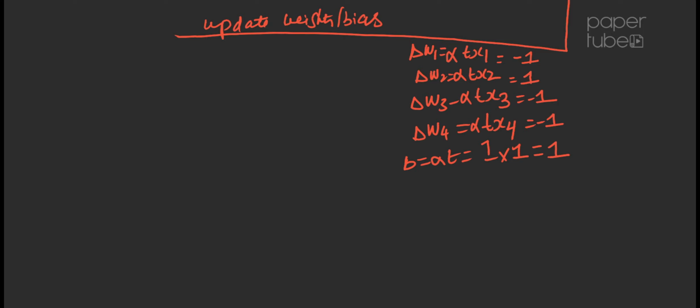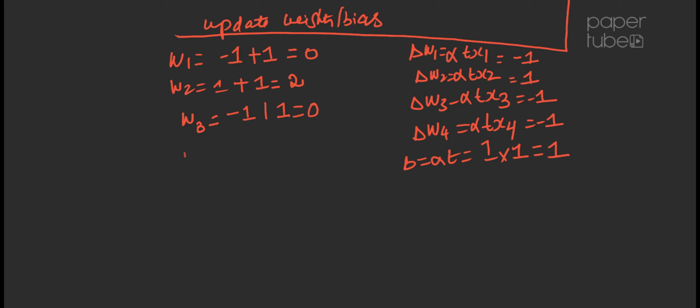So W1 should be equal to the new weight plus the old weight, which is 1. And then W2 equal to new weight plus the old weight, that's equal to 1 plus -1 plus 1 equal to 0. This one will be equal to 2. W3, the new weight is delta W is -1 plus the old weight is equal to 1. That makes it 0.